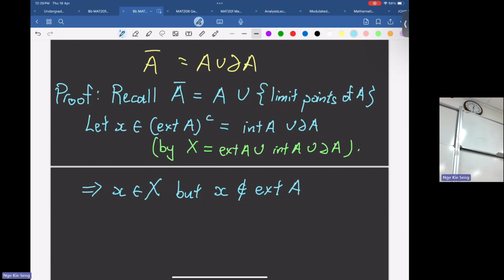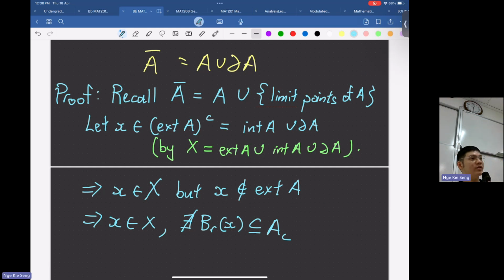Okay. So what does it mean by X is not in the exterior of A? Yes, so let's write it down. To be not in the exterior of A means what? There is no open ball around X such that this ball is in A complement.